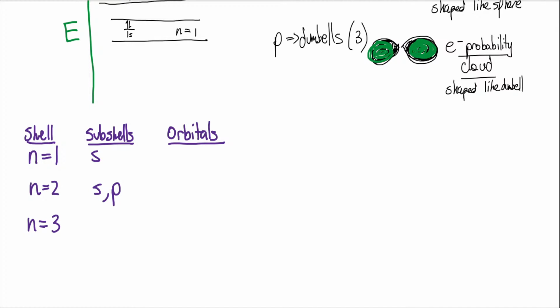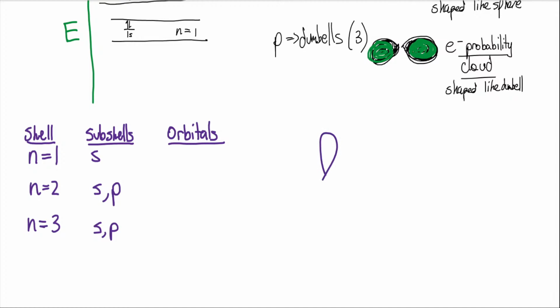So the rule basically is that you access a new one every time you go down a shell. In the threes, we have a sphere as the innermost layer, and then there are three of these dumbbells.